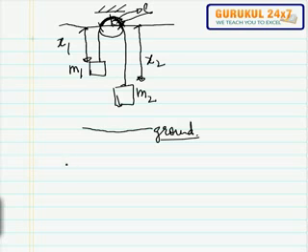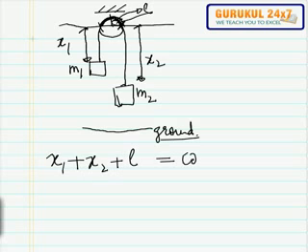The constraint relation can be found by using the fact that the length of the string does not change. That is, the rope is inextensible. So that means at any time x1 plus x2 plus L must be a constant value. This L is also a constant actually, because the amount of rope going over the pulley will also not change.